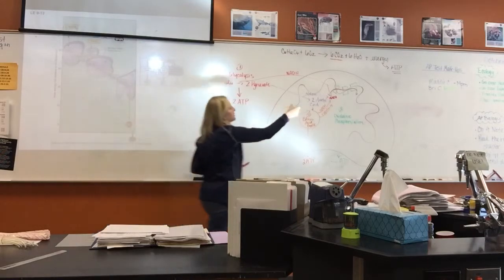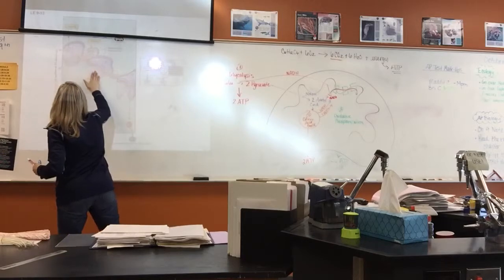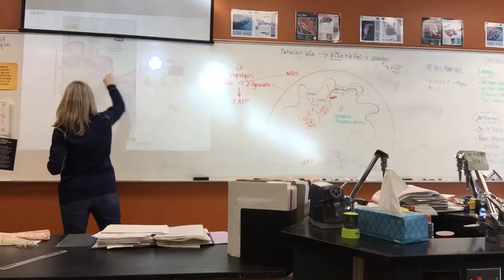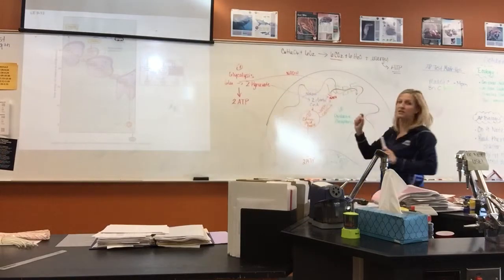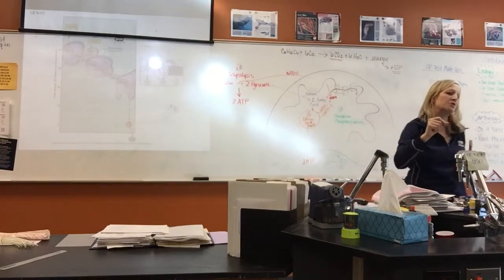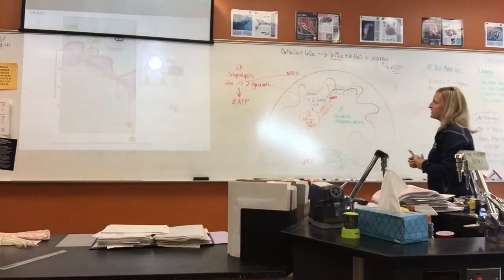And when I put these big green guys up here, these are those large protein complexes, made out of smaller molecules. The electrons move from molecule to molecule in the electron transport chain. Why? Because each molecule is more electronegative than the next.